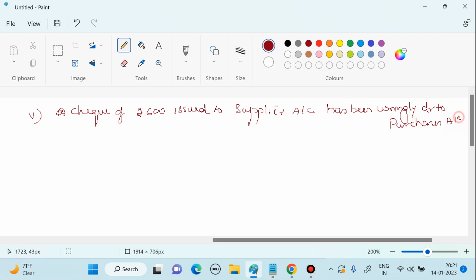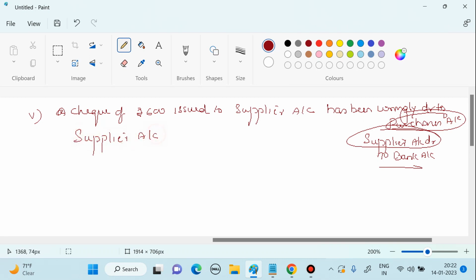So as per the correct entry, supplier account debit to bank account. So debit should have gone to where? Debit should have gone to supplier account. Where did it go to? It went to purchases account. How to rectify it? Supplier to purchases.